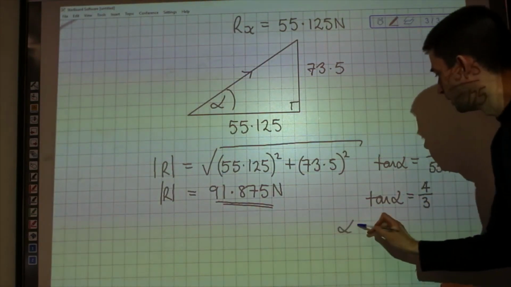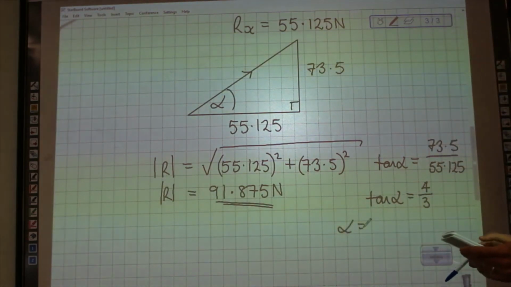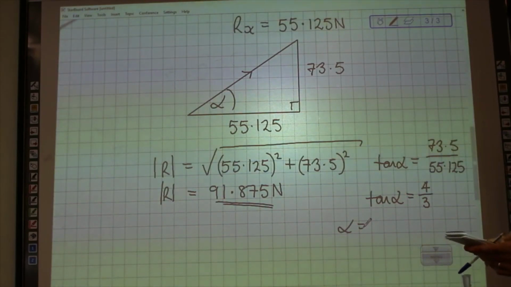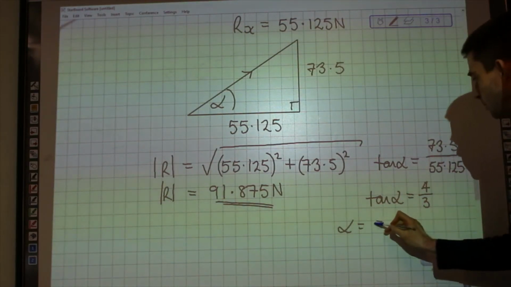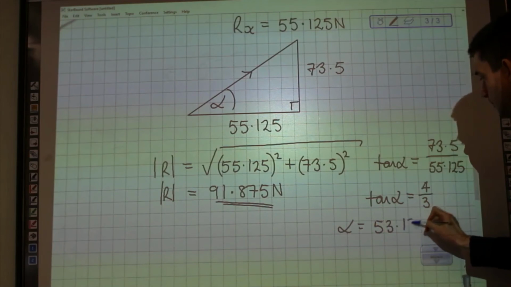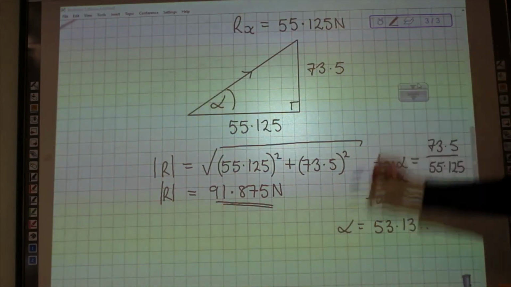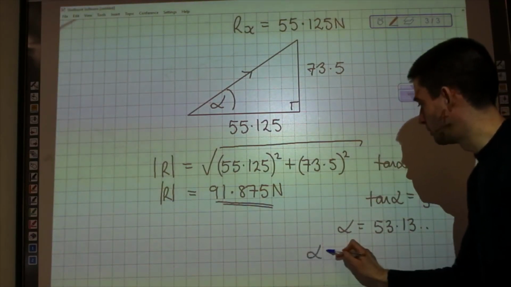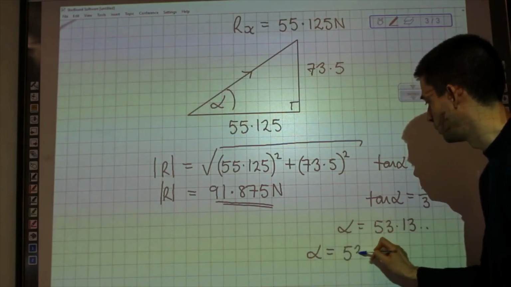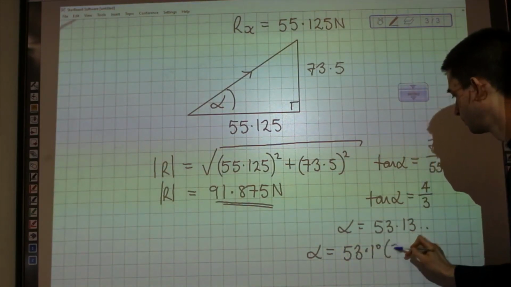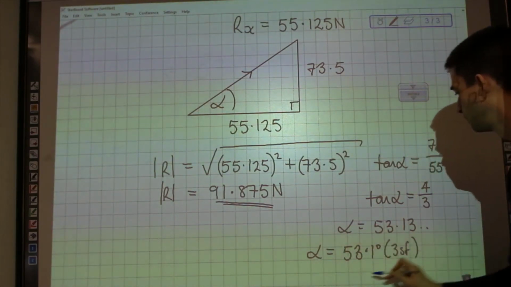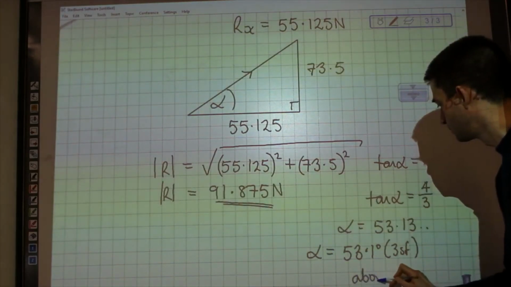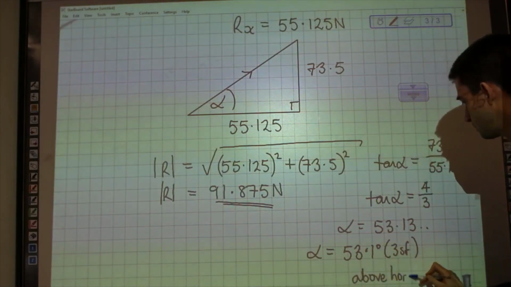So using inverse tan of 4/3, we get 53.13. So the direction alpha is 53.1 degrees to 3 significant figures above the horizontal.